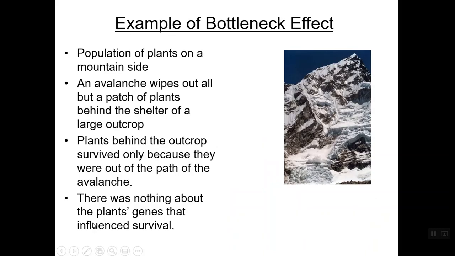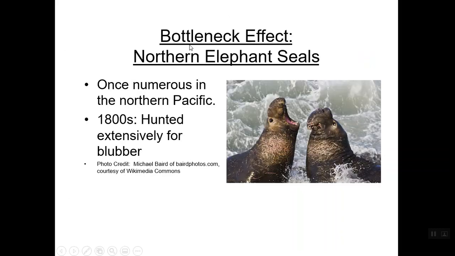And again, it could be anything you can think of, even a parasite or an ecological event, a fire, something that disrupts most of the individuals in a population, and just by random chance, the individuals that survive, just because they were present in a specific place rather than another in a forest where the fire happened, happen to survive. Okay. Sometimes the bottleneck effect can be caused by humans.